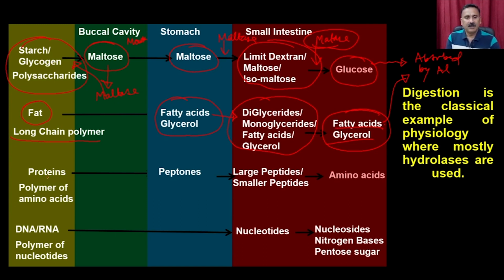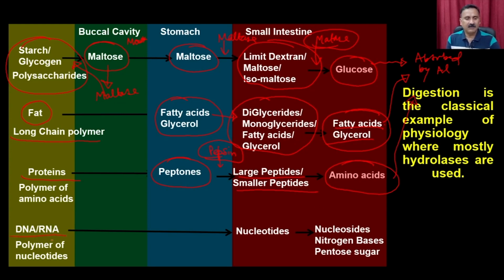small intestine. Then for the proteins, protein is going to be converted into peptones, and then the peptone is converted into large peptides. So at this stage within the stomach, it can be acted on by some of the classical hydrolytic enzymes like pepsin and so on, and ultimately it is going to form the amino acids, and that also is available for absorption.